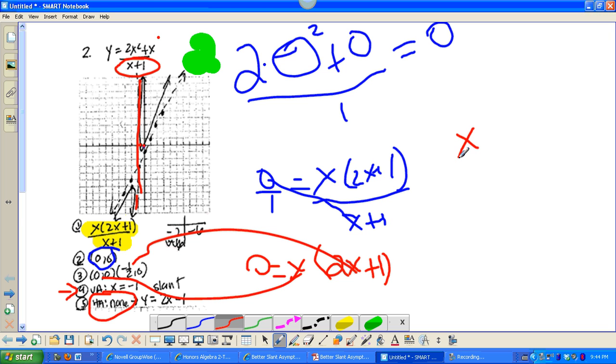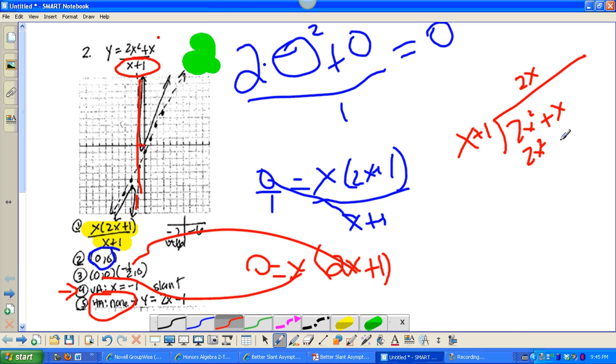I had to take x plus 1, and I had to divide that into 2x squared plus x. So when I did that, you should get a 2x at the top. 2x times x gives you a 2x squared.